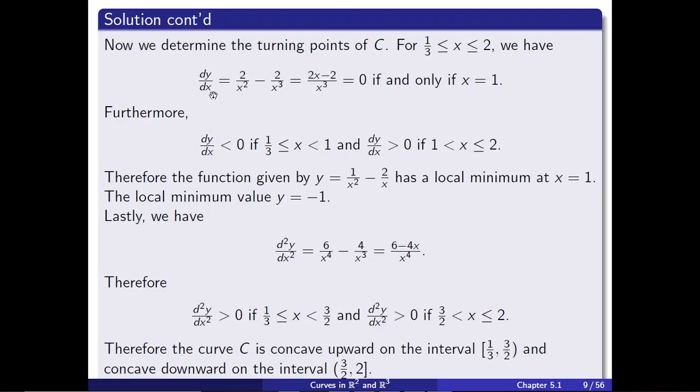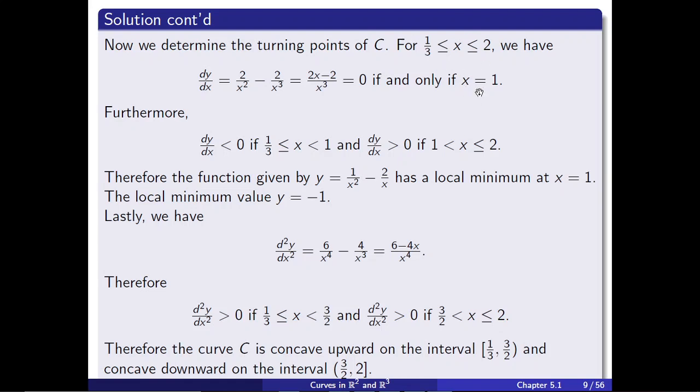We find the gradient, or the derivative of the function, and then we equate it to 0, and we find out that there's only one turning point in the interval that we are looking at, that's between minus a third and 2.